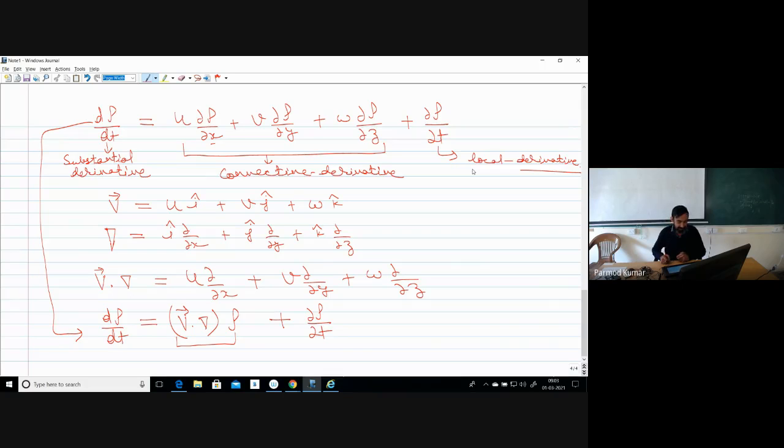Okay, so while you were passing through the door, apart from the inside environment, which represents the convective derivative portion, there was momentarily a blower which was supplying hot air over you.